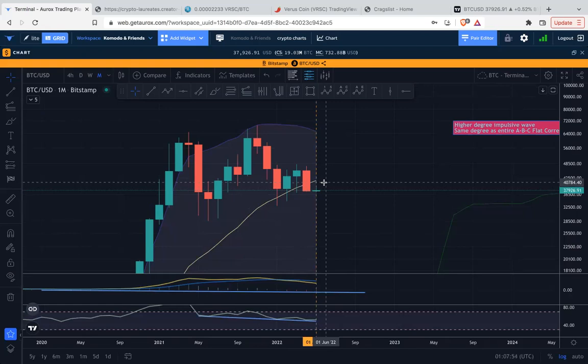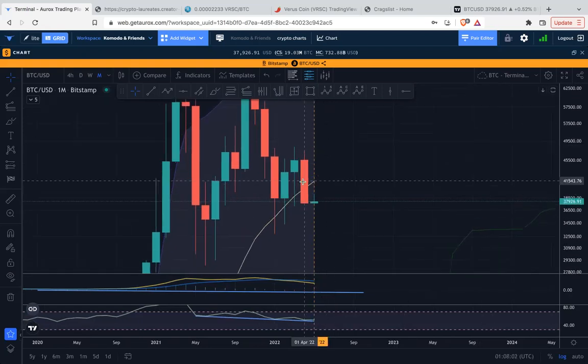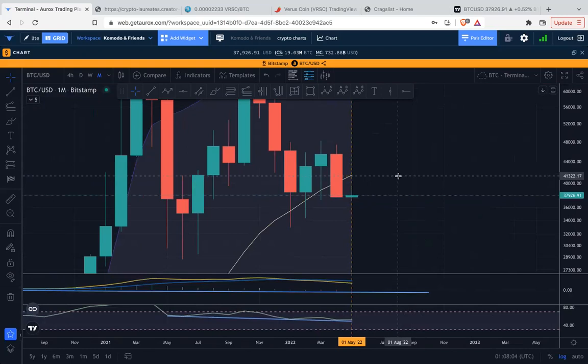Now, I would say if this month of May can at least close around 40,000, even more precisely, if we say like 41 and ish, then at least you're just below the 20-month, and then in June you can push higher and close higher. That's a possibility.